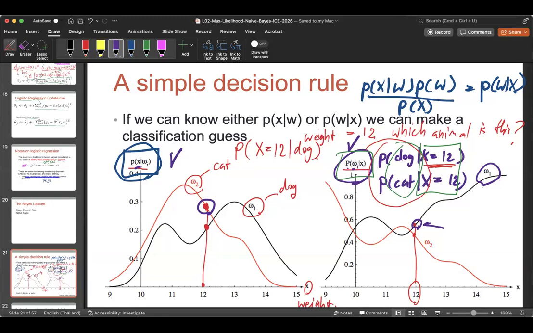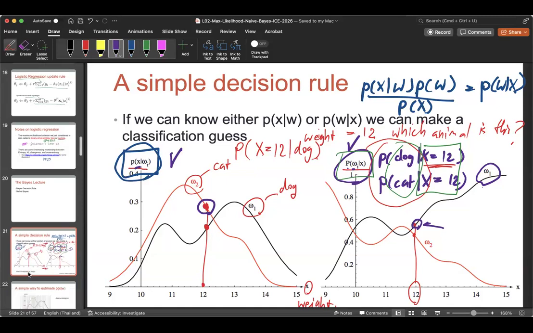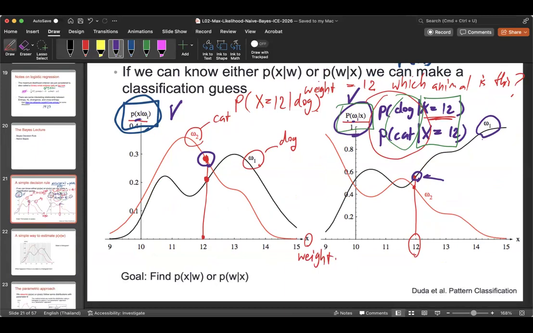This is a simple decision rule from the probability distribution of the class that we are concerned with. So our goal is that if we can find either this or this, we can always make some decision. Let's discuss how we can find either of these distributions.